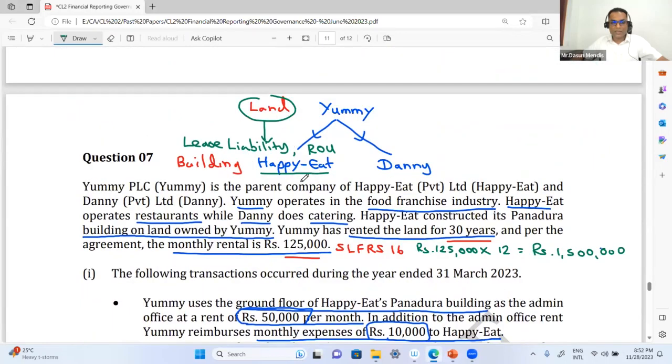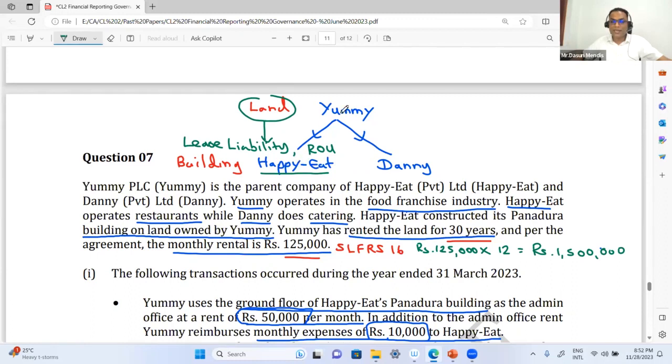From the perspective of Happy Eat, what are the relationships? There are two companies here. You have to disclose that Yummy is my parent company. That's the first disclosure. There are two related parties to Happy Eat here.